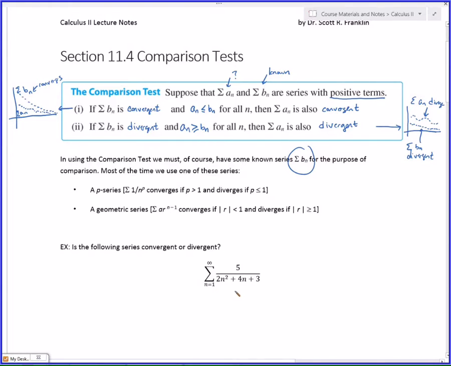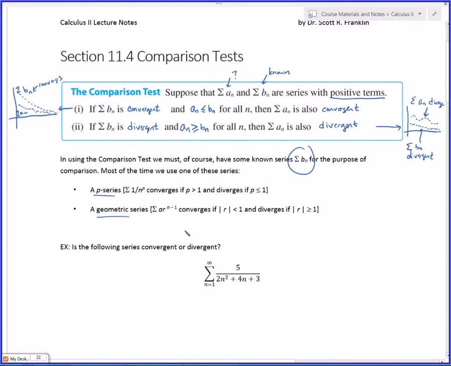So just look at this example right down here. I'm going to need to compare this sequence of terms, this series, to something that I know what it does. And the most common choices are the p-series or maybe some geometric series. Because with p-series and geometric series, I always know what they do.